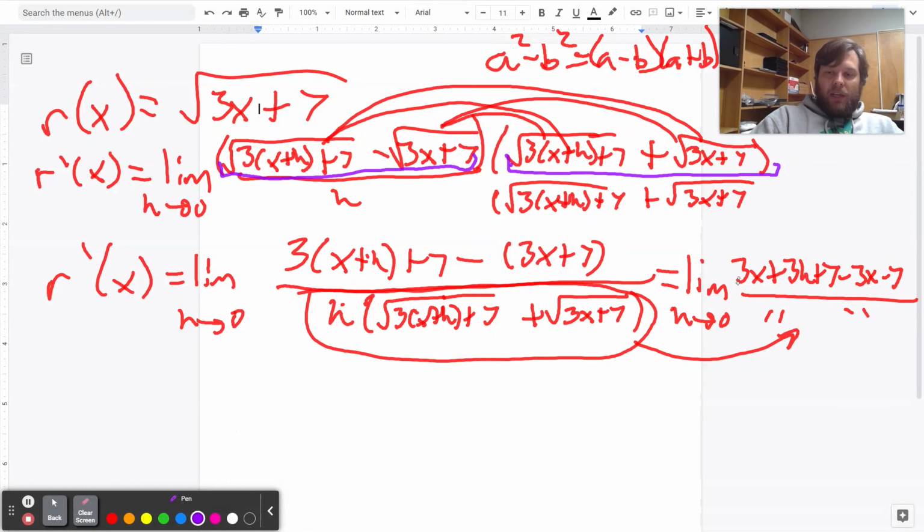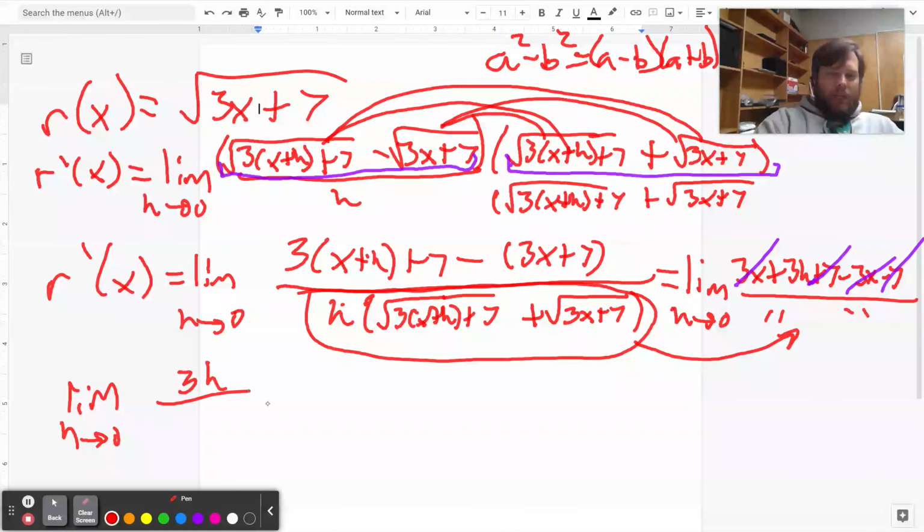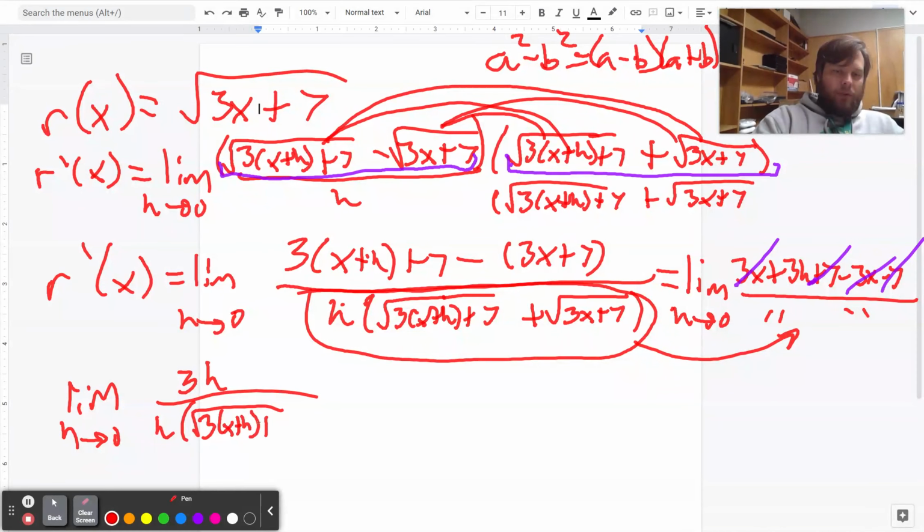In the numerator, we have 3x and negative 3x. We have positive 7 and negative 7. So all that's really remaining is to do the limit as h approaches 0. And we have 3h over h times (root of 3(x plus h) plus 7, plus root 3x plus 7).